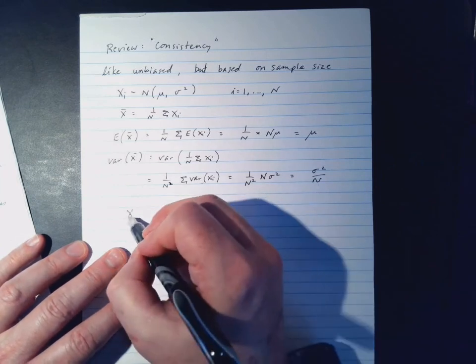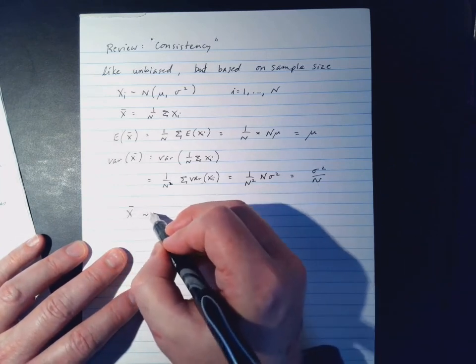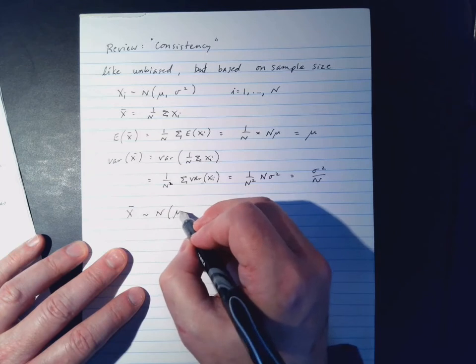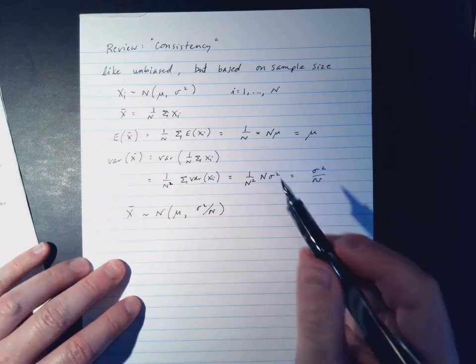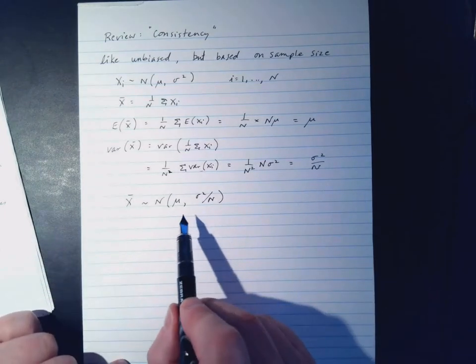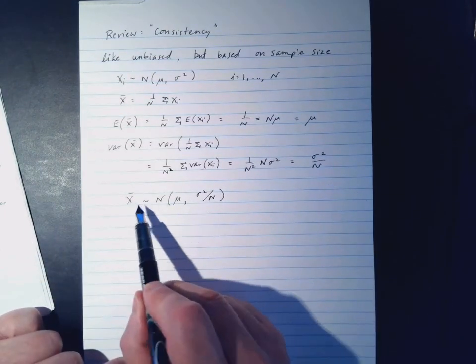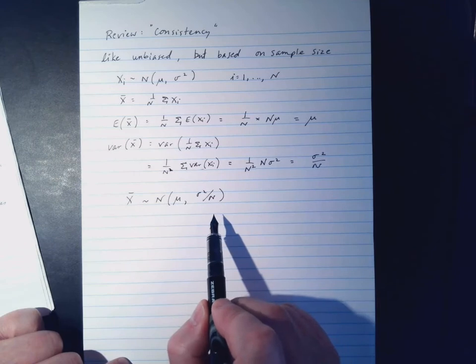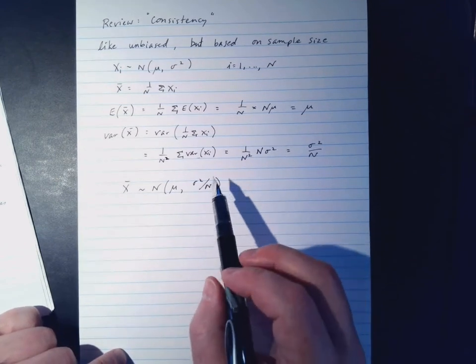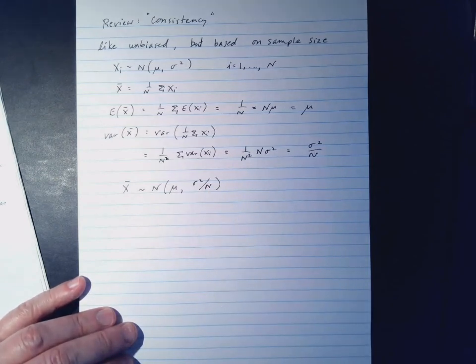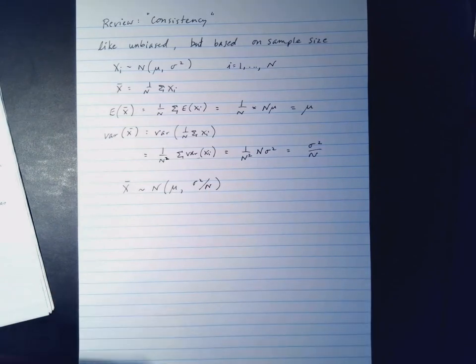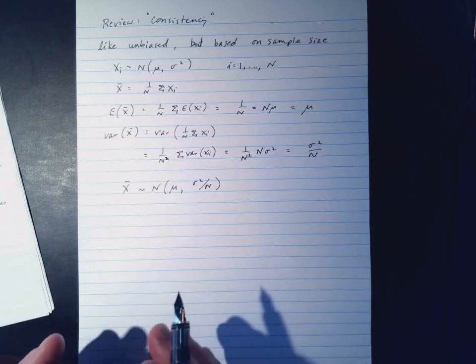So that means we can write that x bar is distributed normally with a mean of mu and a variance sigma squared over n. So in this case, the distribution of x bar depends on the sample size. If we draw what the distribution looks like for one value of n, and then we change the sample size, the distribution will change.